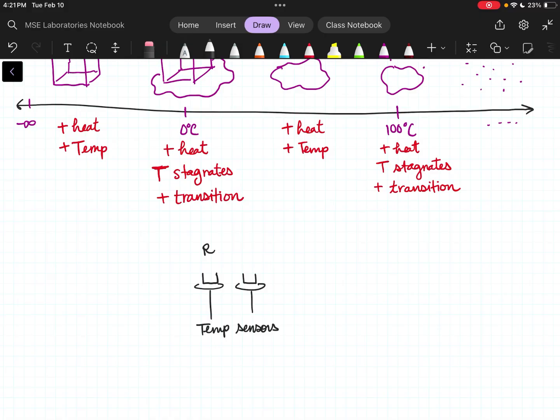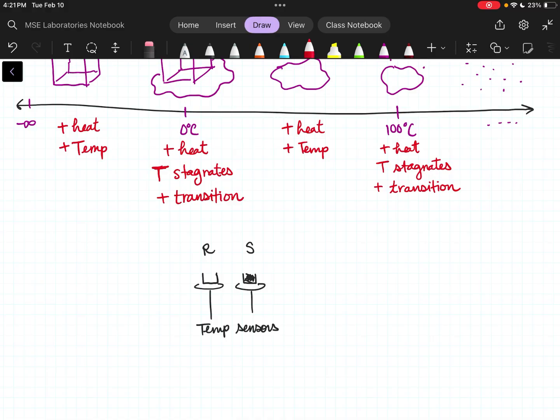I'm going to put an R for reference up above that. The other one is my sample crucible. And these crucibles are typically made out of aluminum oxide or aluminum if you're doing lower temperatures, or sometimes platinum. And there's all sorts of other types, but something that is going to be thermally stable over the temperature of interest. So the crucible is ideally not going to change at all.